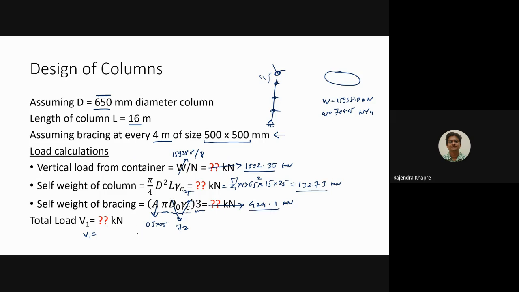Can anybody tell me the V1 value, please? 2549.19 kilonewton. So 2549.19 kilonewton is the vertical load on the column, and this load is only due to the vertical gravity loading, that is the self weight plus the weight of the water.